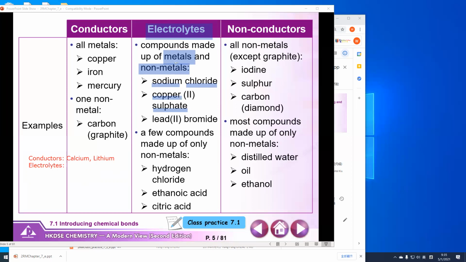Okay, this is maybe too difficult for you. Let's go through. Electrolytes. I hope you can write down first. Calcium chloride and sodium bromide.